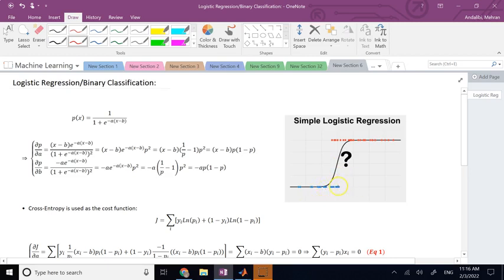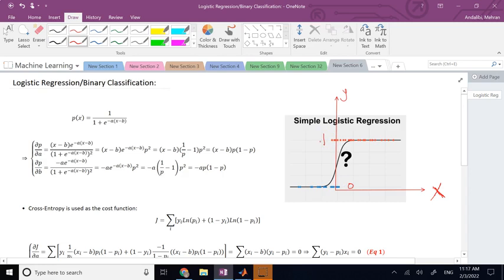And the origin is here. This is one axis and this is another one. So if this is x and this is y, then for most range of x, you see that the output y is either 0 or 1.